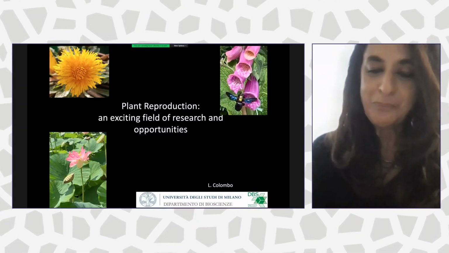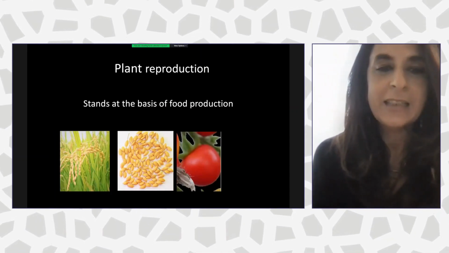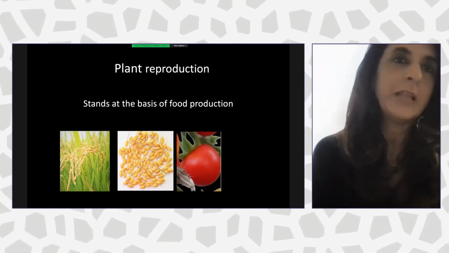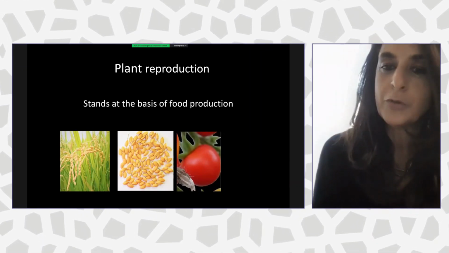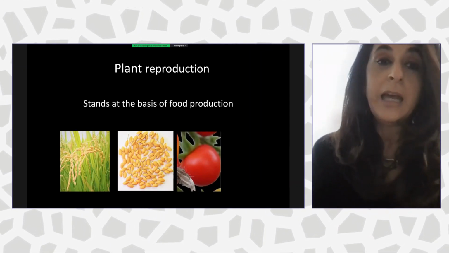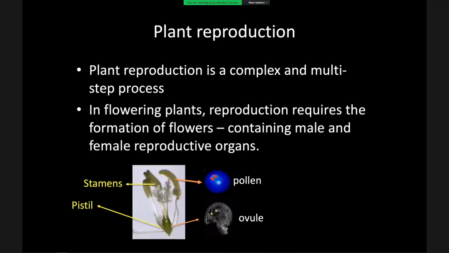As all of you know, plant reproduction stands at the basis of food production and also production of many non-food products. It is an extremely complex and multi-step process that in flowering plants requires the formation of flowers that contain male and female reproductive organs, named stamen and pistil.